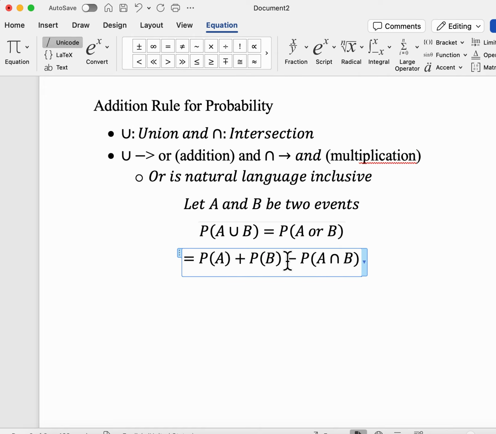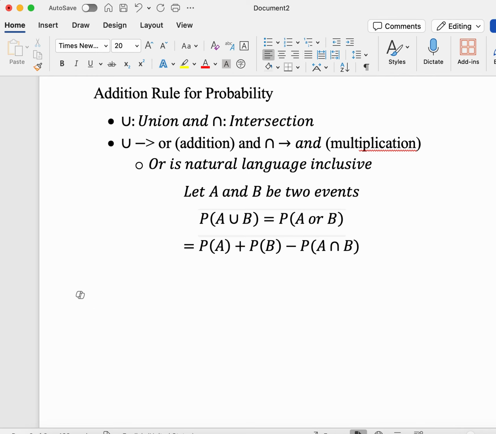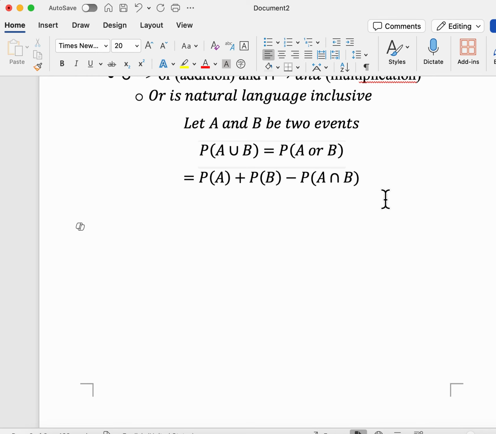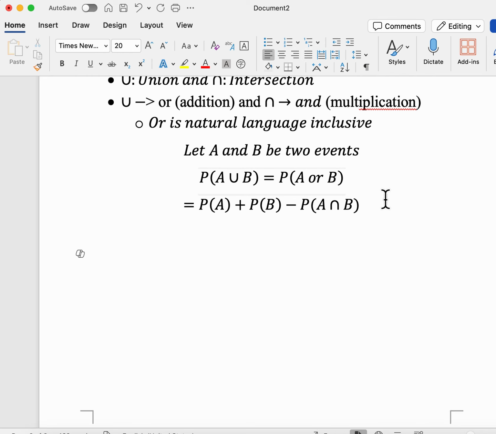Now you might be wondering, where does this intersection term come from? Well, consider the following. When you have these two events, they might not necessarily be separate from each other. There's a big problem. Remember how I mentioned that probability relies on counting?